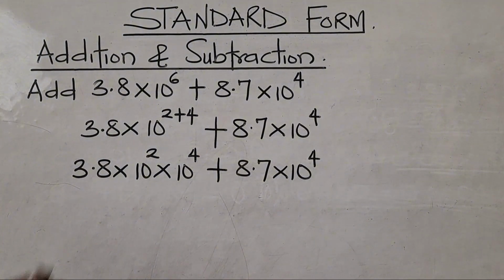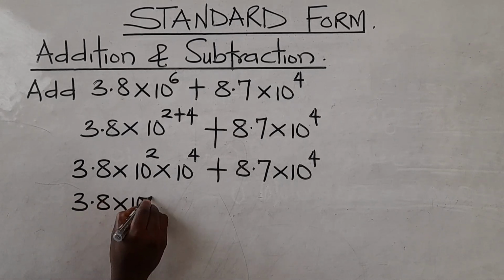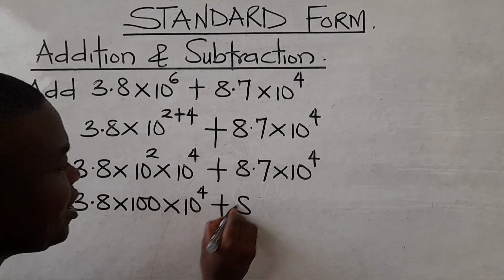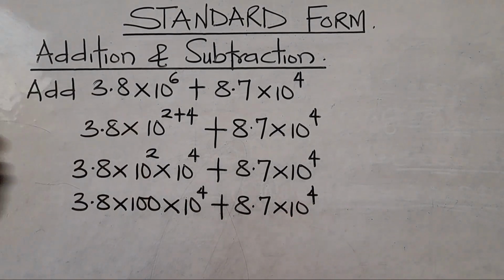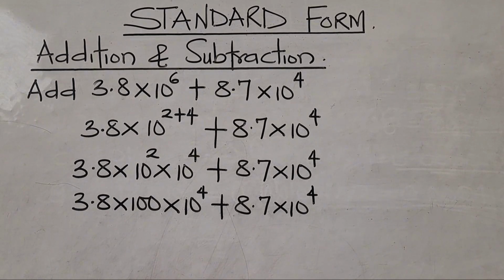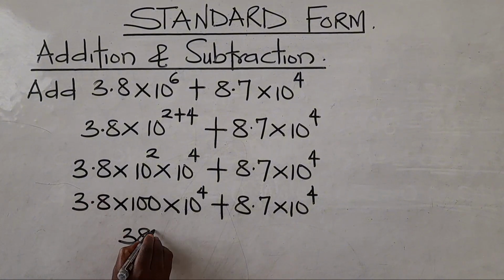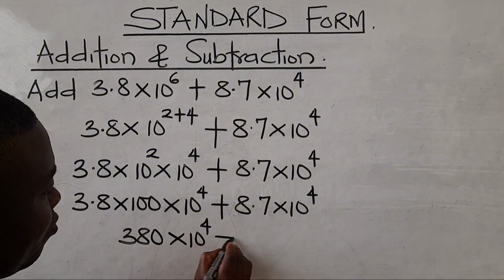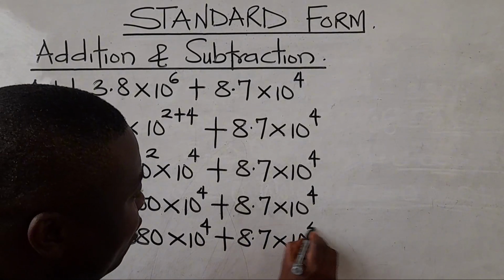Now, if you look at this, this is the same thing as 3.8 times 100 times 10 to the power 4 plus 8.7 times 10 to the power 4. This also gives us 380 times 10 to the power 4 plus 8.7 times 10 to the power 4.